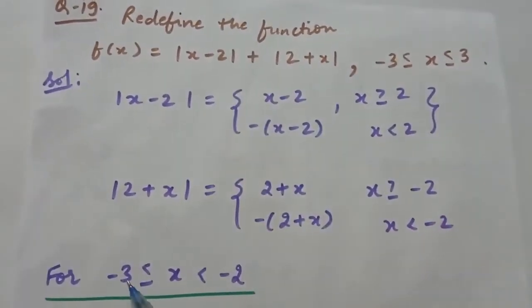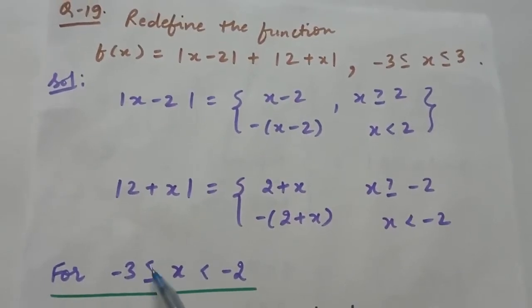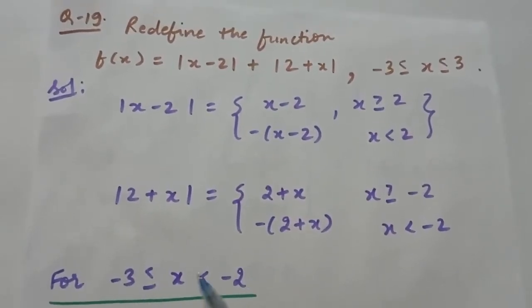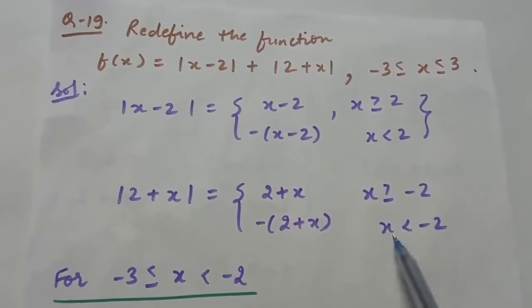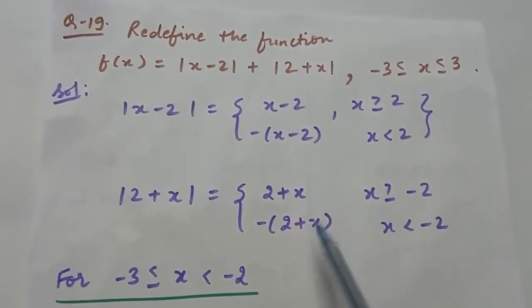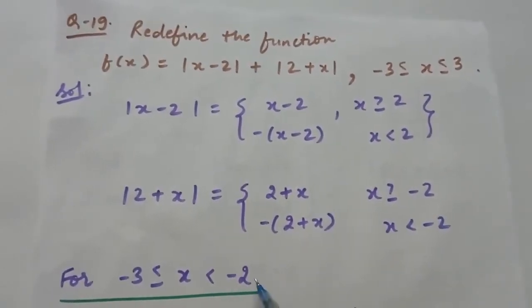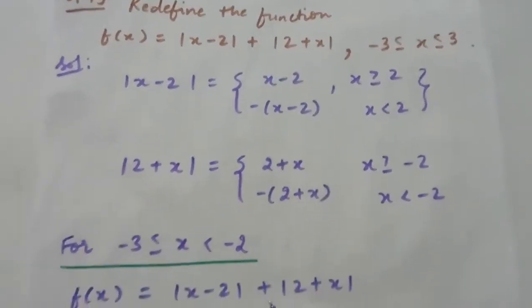So first of all, for x greater than or equal to -3 and less than -2, right? Because at -2 the function changes, so taking up to less than -2, f(x) is this only.